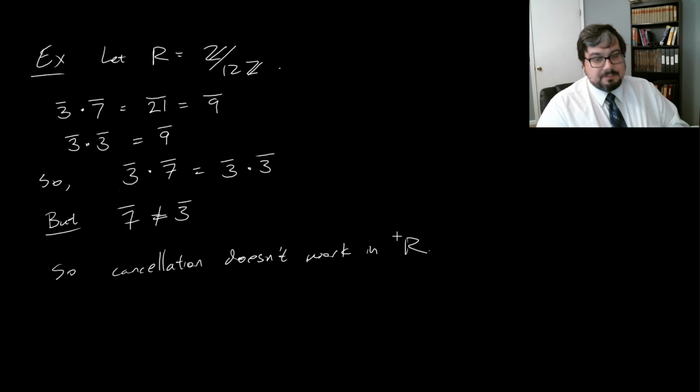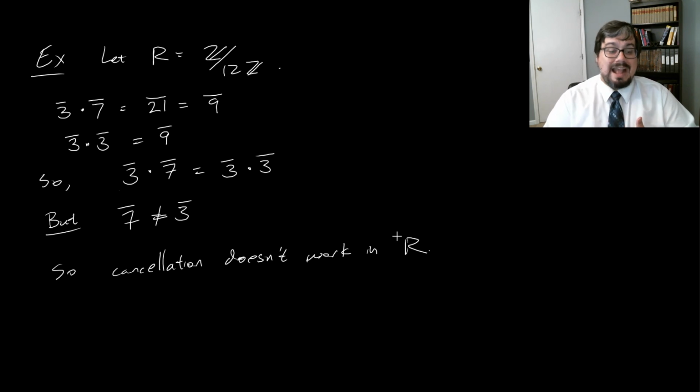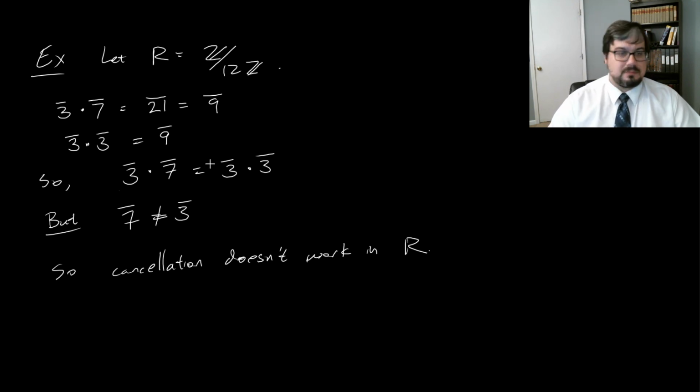There are rings that we're going to study in the very next section where cancellation does work, as well as many other things, and they have lots of nice properties. But you need to know something about the ring before you can use any sort of cancellation rule.